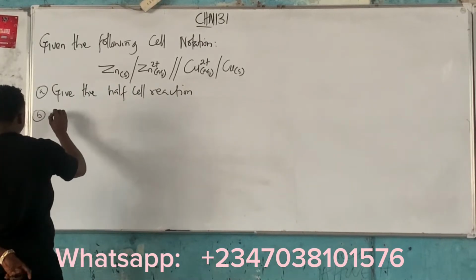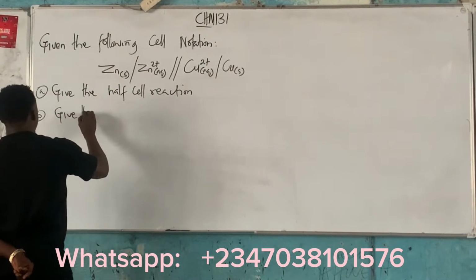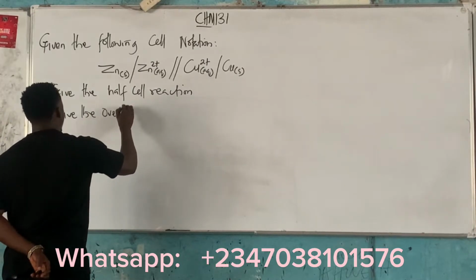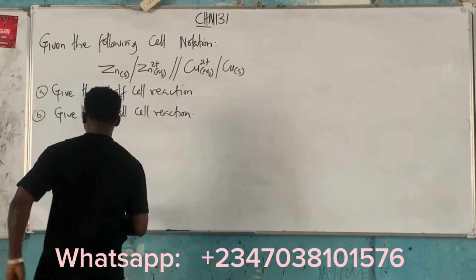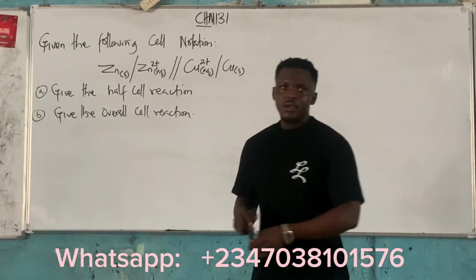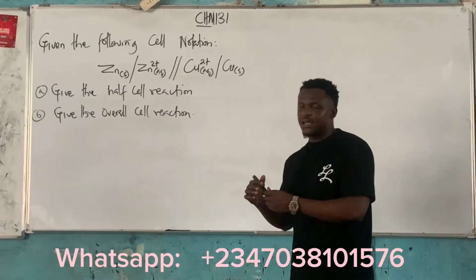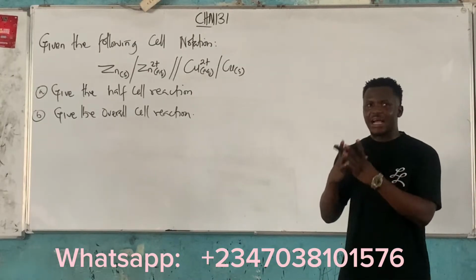B: give the overall cell reaction. Now remember, I told us that the first part of the question they can ask us is the meaning of all these lines here.